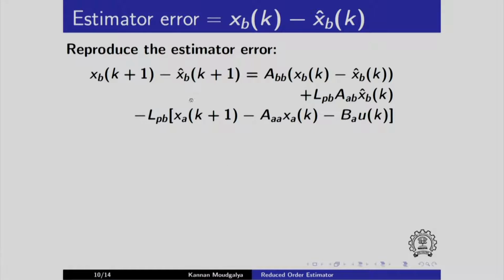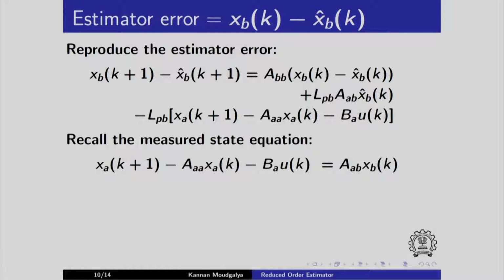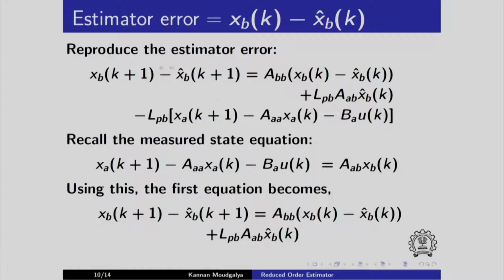So let us reproduce it and recall the measured state equation. This was the first equation in the first slide. So let us substitute this over here. So I retain everything else, only here I have to make a change.